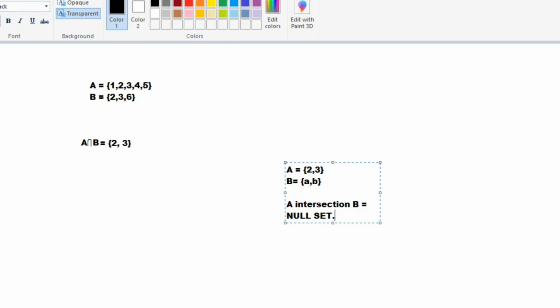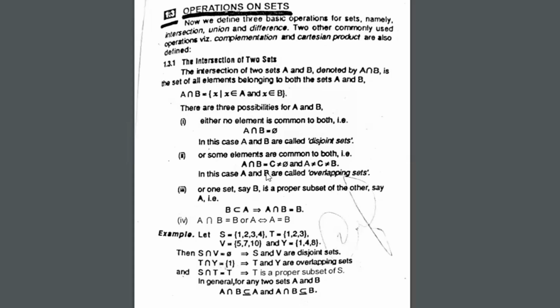And here A intersection B is equal to the null set, and in this case A and B are called disjoint sets. The second property is that some elements are common to both, and A intersection B is equal to C, which is not equal to the null set.